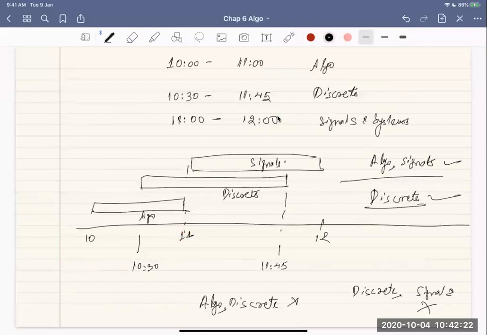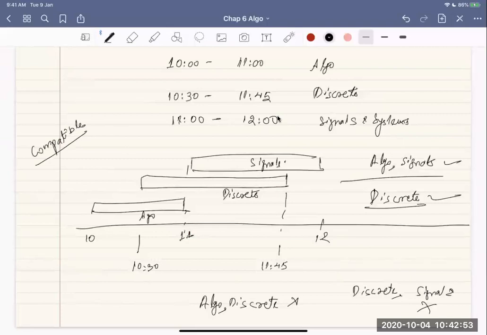That is also fine. So now we are coming to a problem. There are various people with requests, each with a start time and finish time, but some of them may overlap. So we call this compatible. You can see which of these are compatible: algo and signals are compatible, but otherwise no other pairs are.